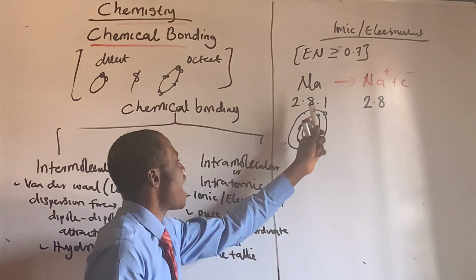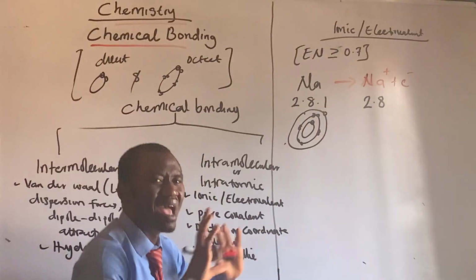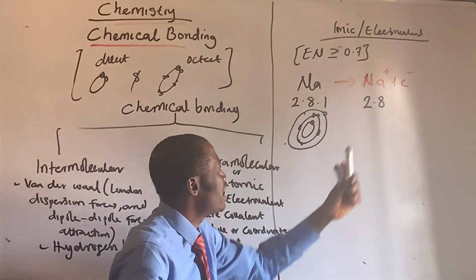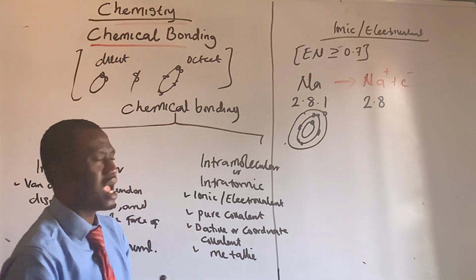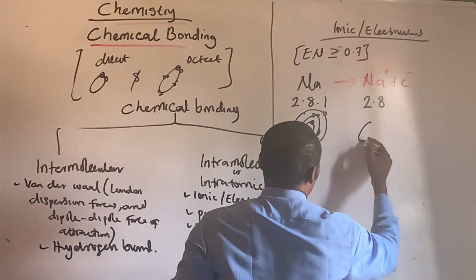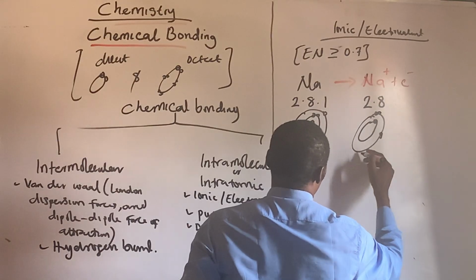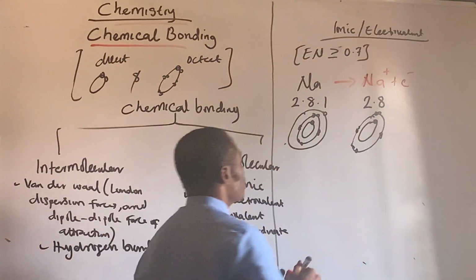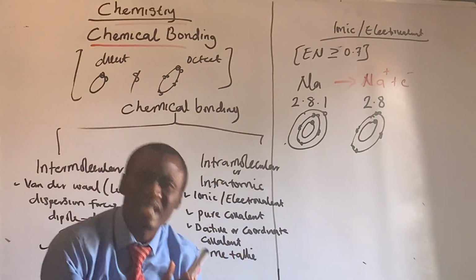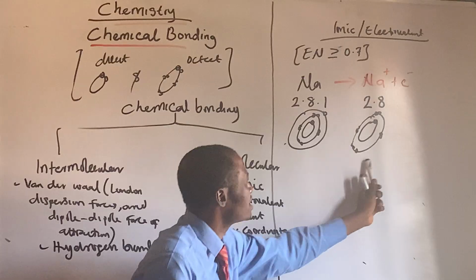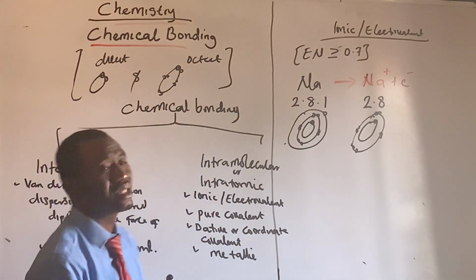So sodium has 1 electron in the outermost shell, but after it loses that electron, the outermost shell will have 8 electrons. So when sodium has lost an electron, sodium becomes stable, because it now has an octet.